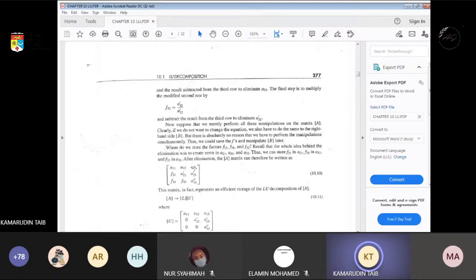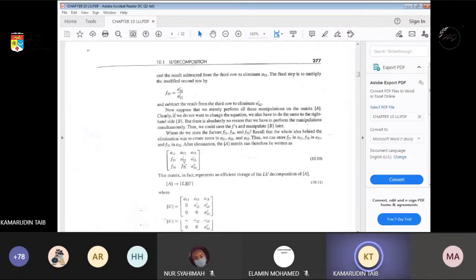Okay, this particular storage is very useful when we deal with computer calculation. So after elimination, the A matrix can be temporarily written in this form.